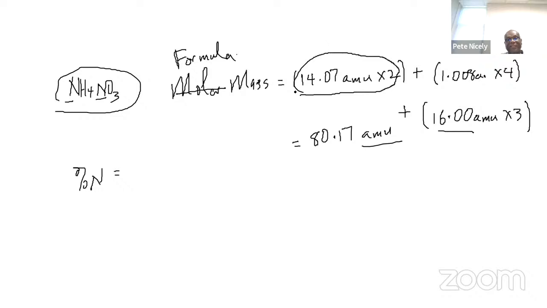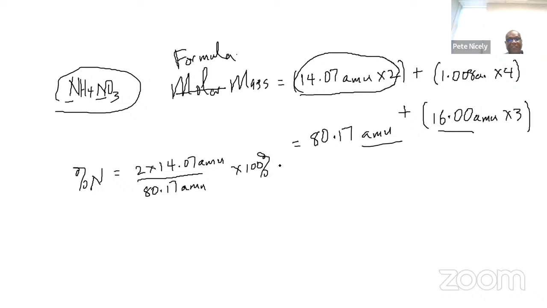Okay, let me write that down. So 2 times 14.07 AMU. And what do you do with that? You divide that by 80.17 AMU. Exactly. 80.17 AMU multiplied by 100%.